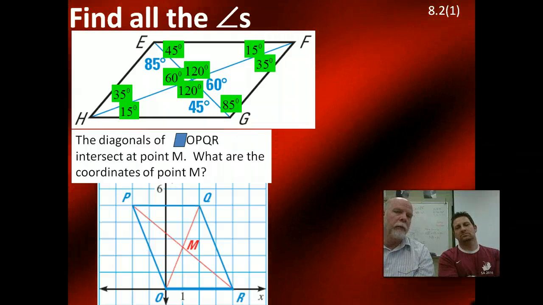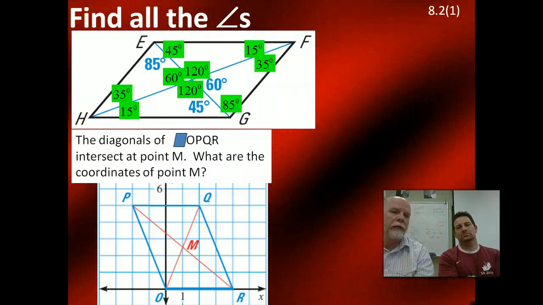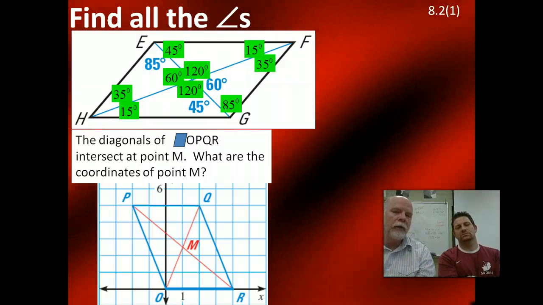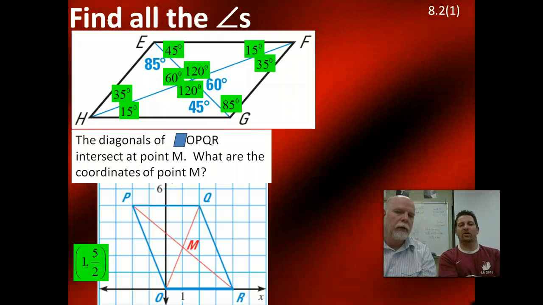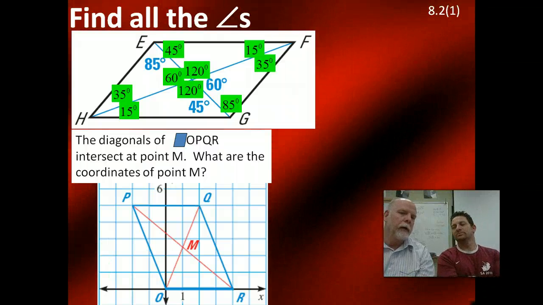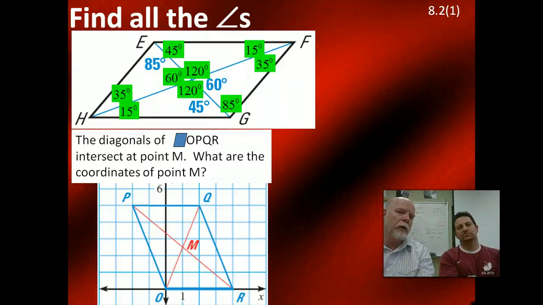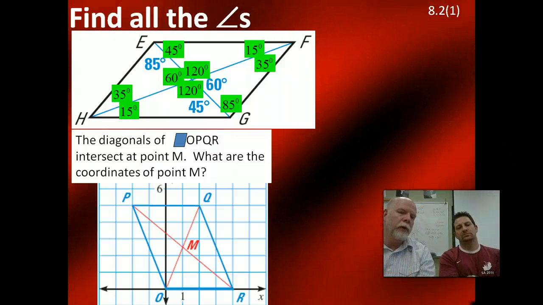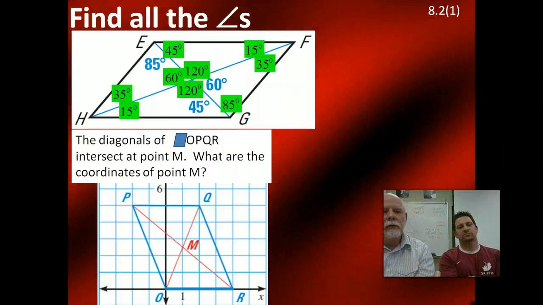So the midpoint formula, remember, is the average of the x's and the average of the y's. And so if we take, I don't know if they spell this out for us or not. They just counted on the graph. And so if we take point O and point Q and plug those into the midpoint formula, well, point O is at the origin, so they're both zeros.